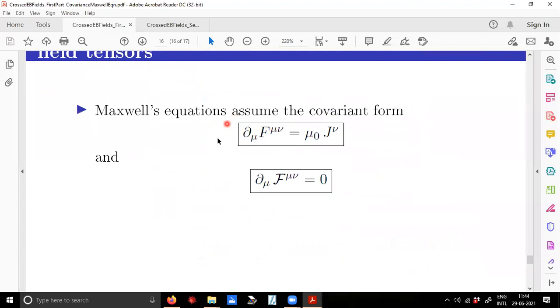how many equations are there. At least you can count how many equations are there in this one. Can you tell me? How many equations are contained in this? Suppose I ask you, I give you dr by dt is equal to v. Write it in a component form.